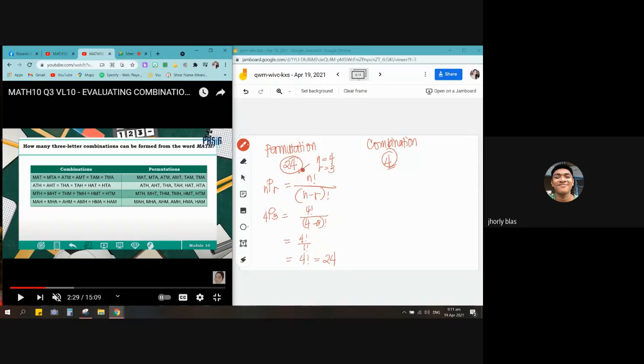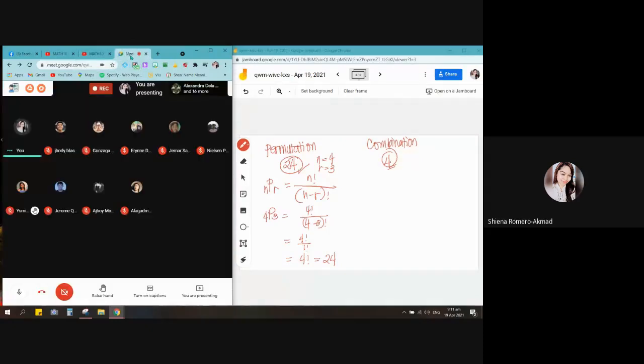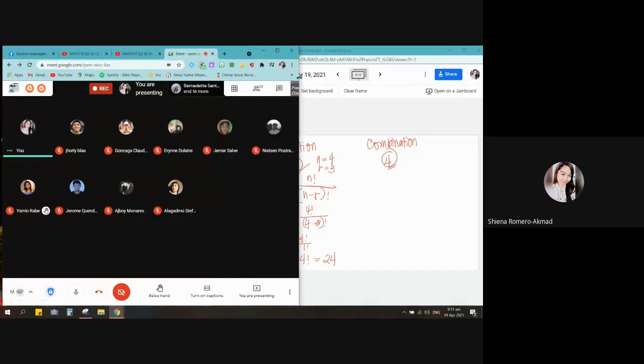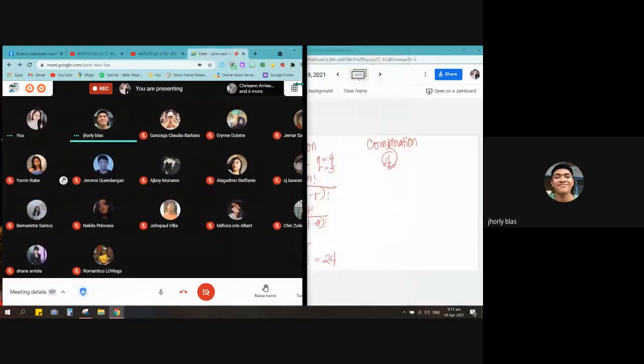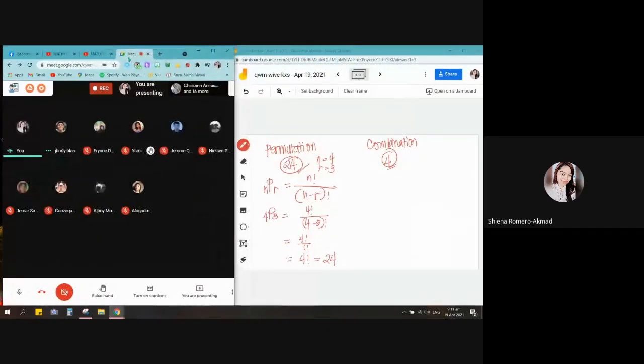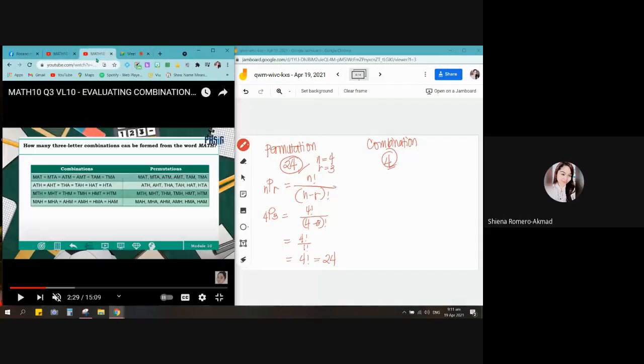Divide by 3? Divide by 6 po. Divided by 6. Why is it divided by 6? 6 times 4 is 24. So, all you have to do is to divide it by 6.